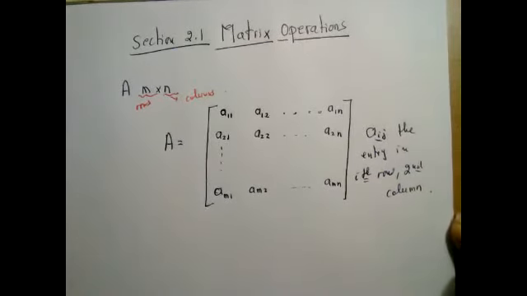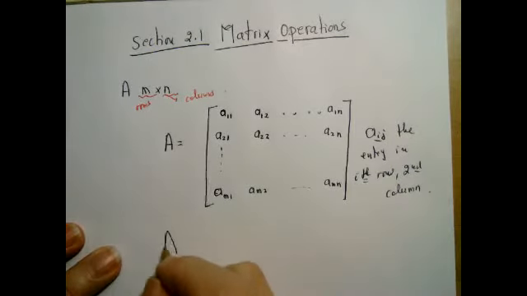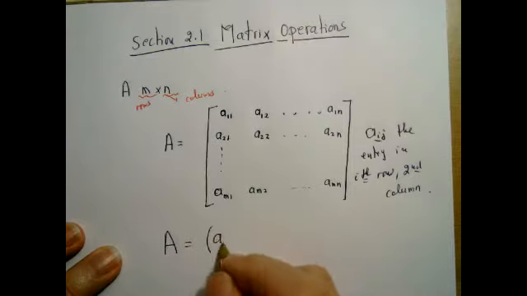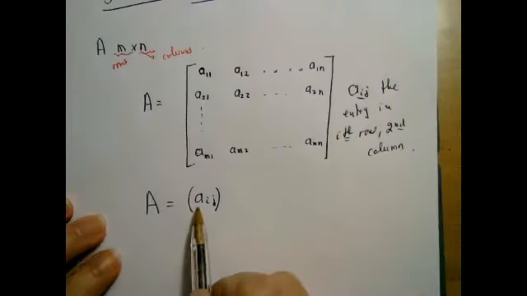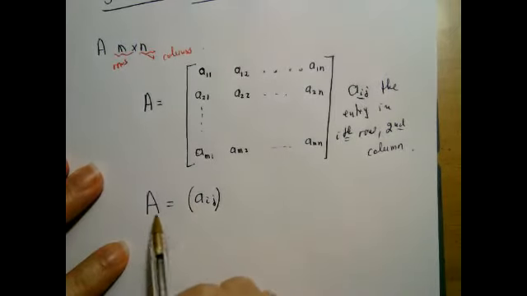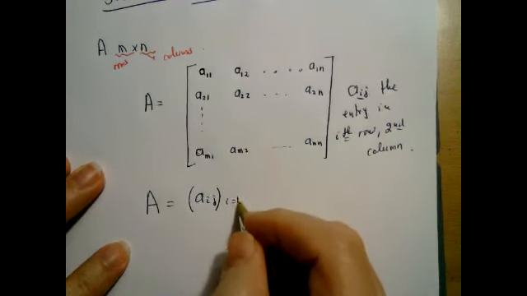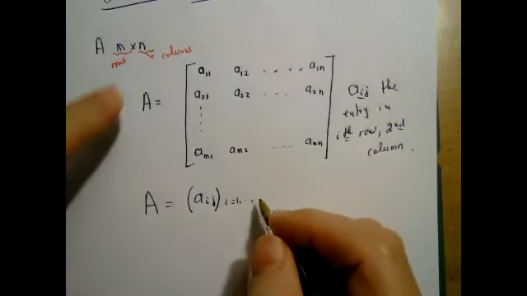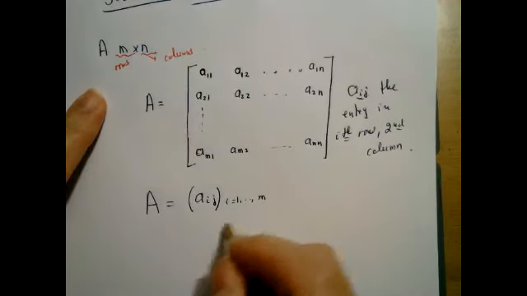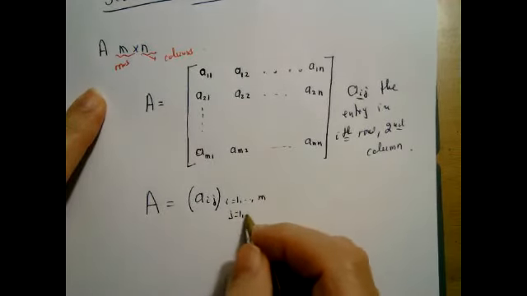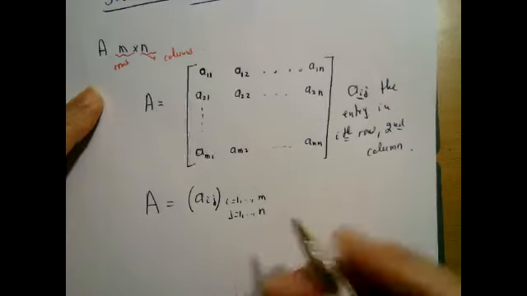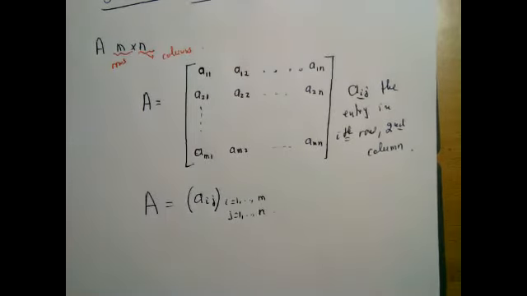A lot of the time you would write A equal to Aij instead, to tell you that the entries of the matrix A are the Aij. And we sometimes put also i, the row going from 1 to m, and j from 1 all the way to n. So that's in a whole how we represent a matrix.